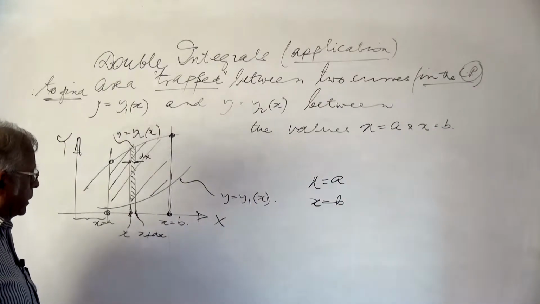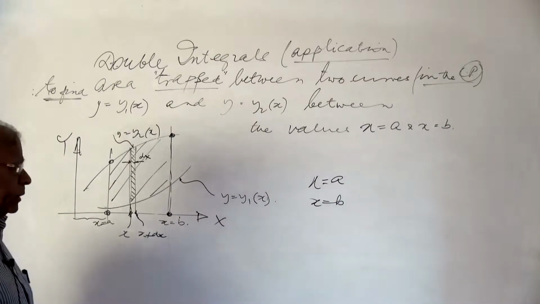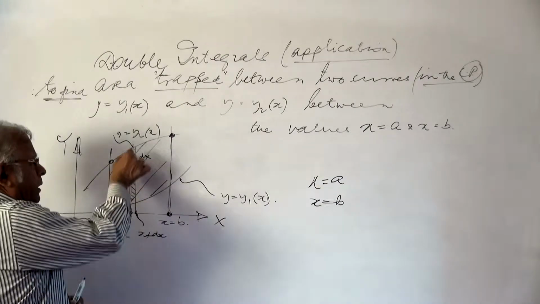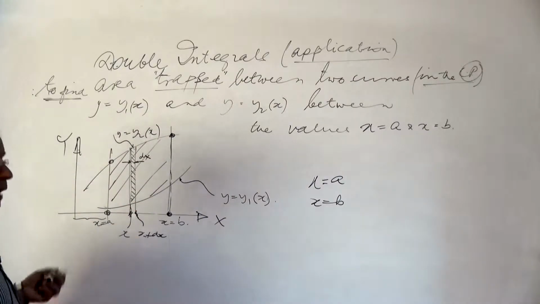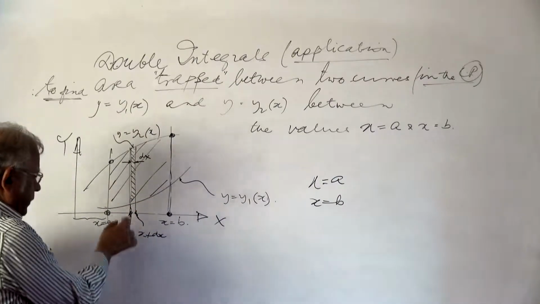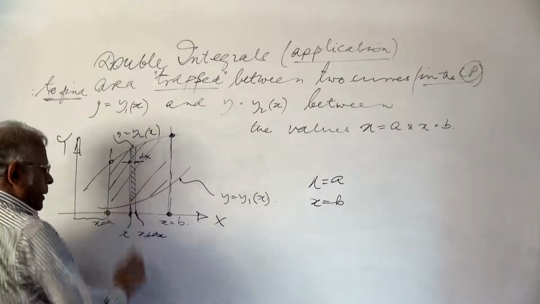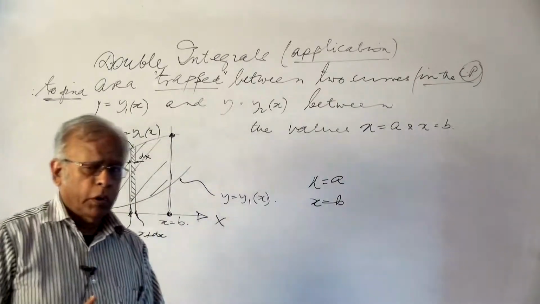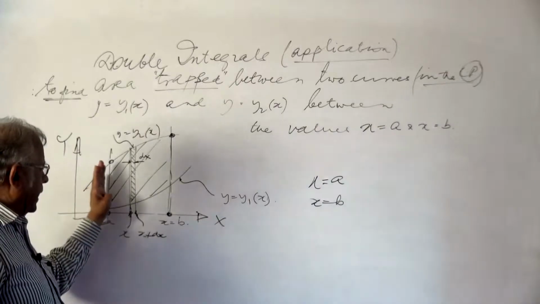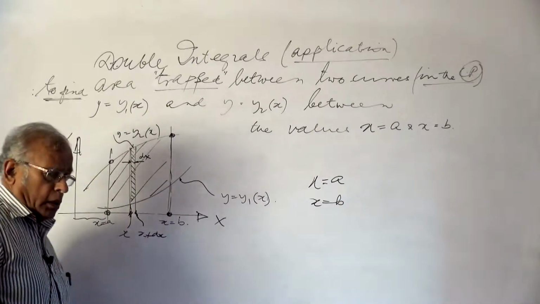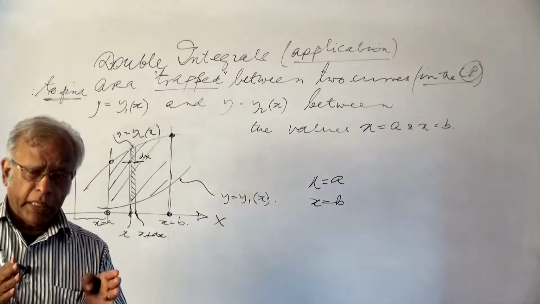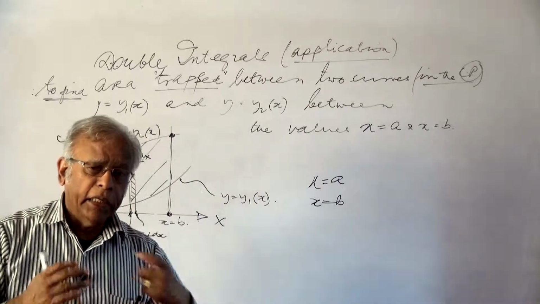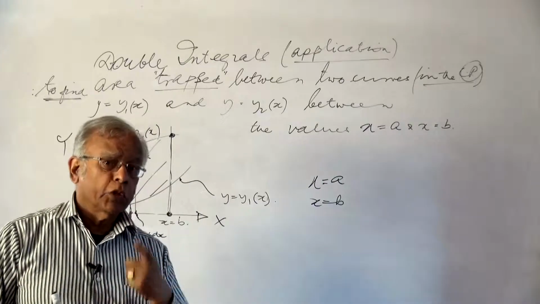We will get the value of this integral, and for that we have considered a slice, a very thin strip. Actually, we have to show it with a finite amount of gap between these two points, but the strip is very narrow, and we are going to cut up this area into an infinite number of such strips. So we start by cutting it down to finite strips and then letting the number of strips increase to infinity.